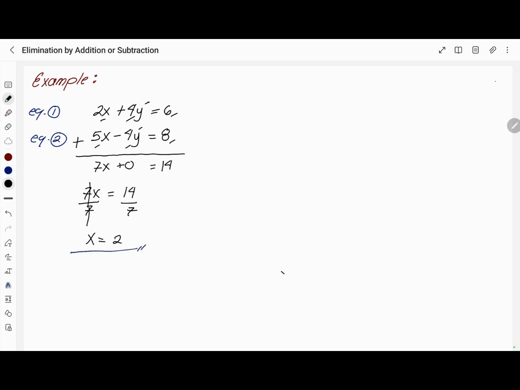And solve for y. Just choose either equation 1 or equation 2. Let's say I will choose equation 1. All we need to do is substitute the value of x. So we now have 2 times x, which is 2, plus 4y equals 6. 2 times 2 is 4.